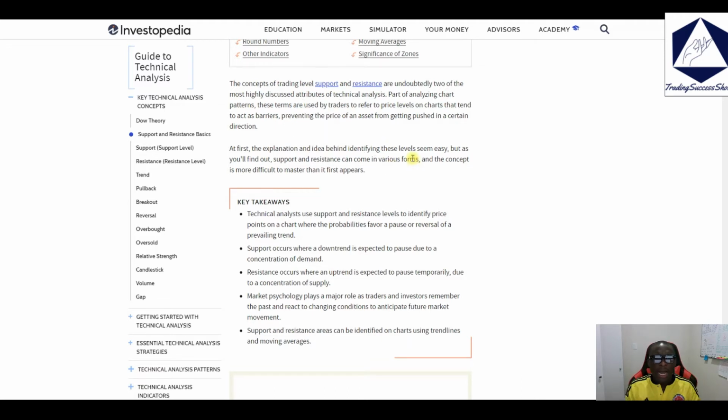Market psychology plays a major role, as traders and investors remember the past and react to changing conditions to anticipate further market movement.